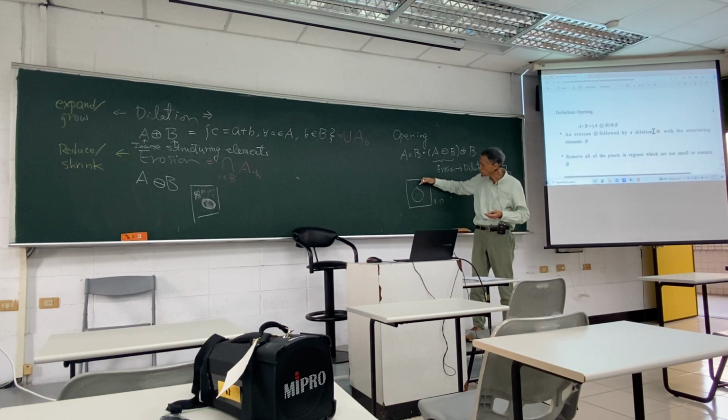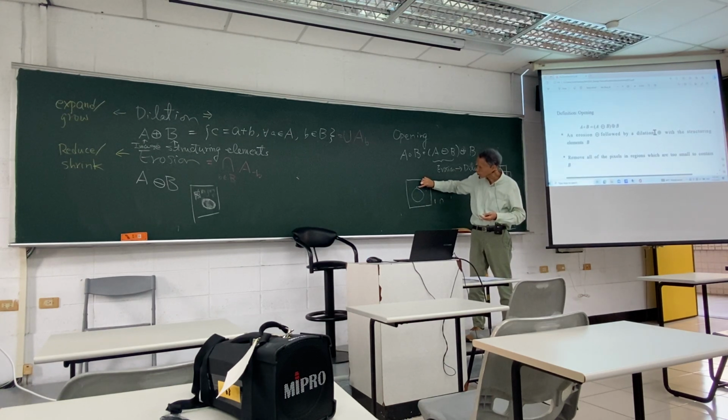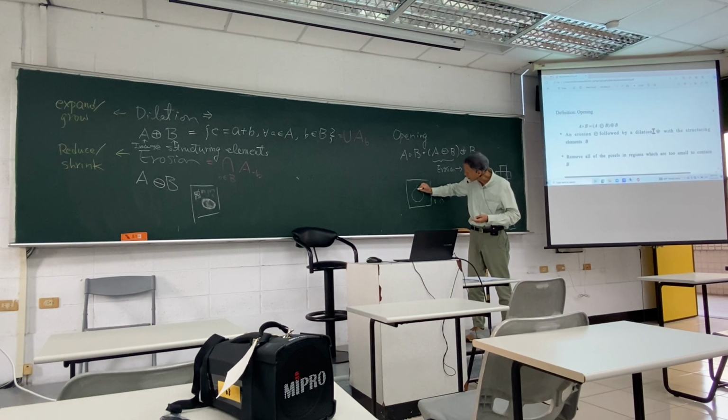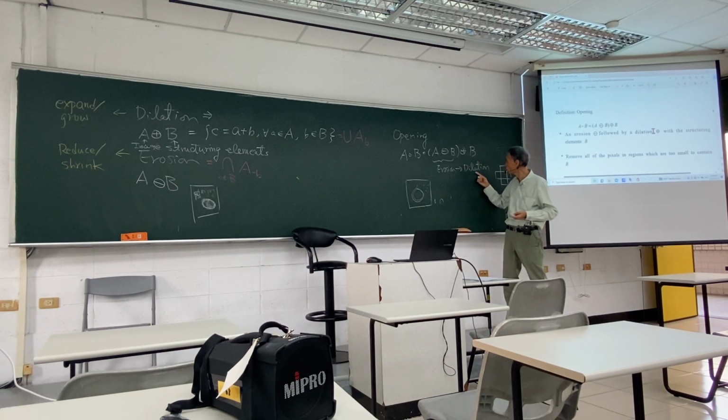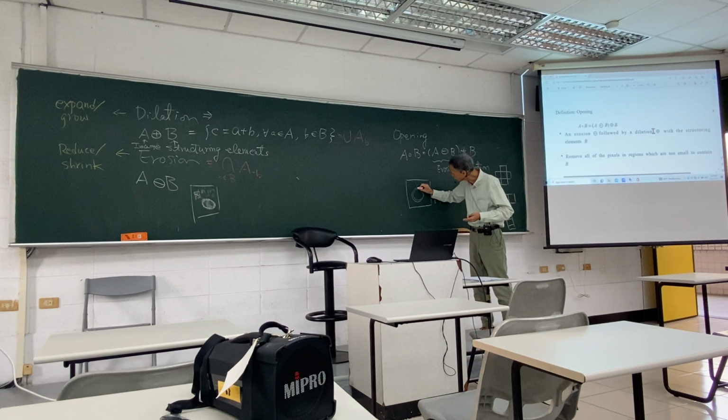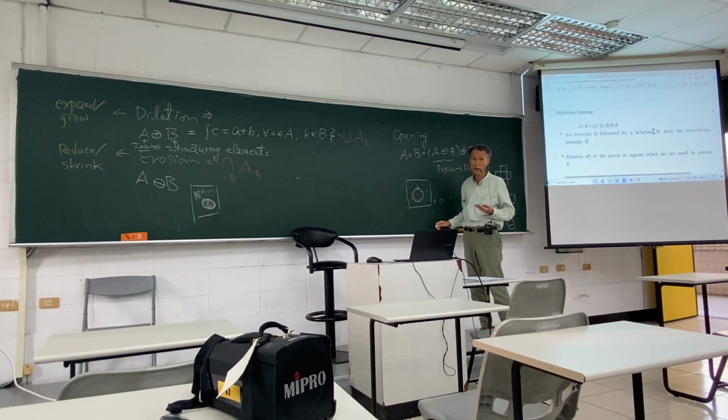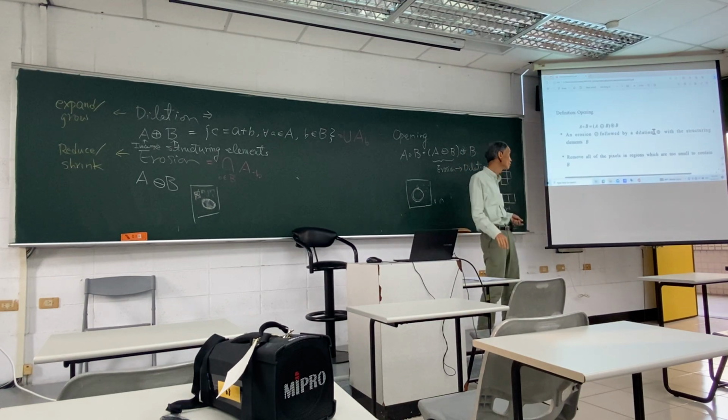Then you want to remove the small peak, so you can apply erosion to remove it. Then you will also reduce its contour, so we need to do the dilation one more time to bring it back to its original shape. However, the small peak will be gone. That's the purpose for opening.